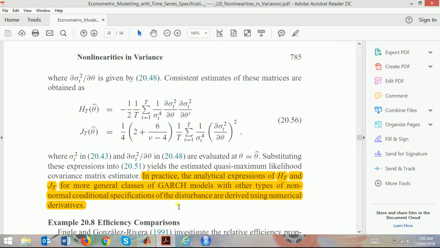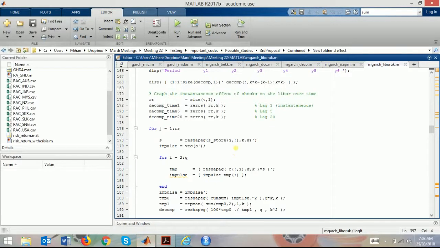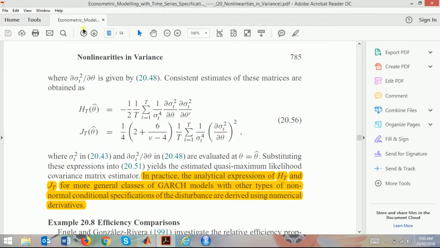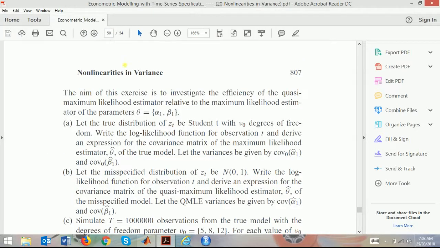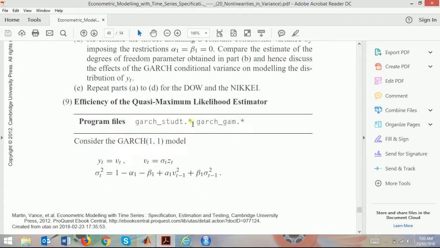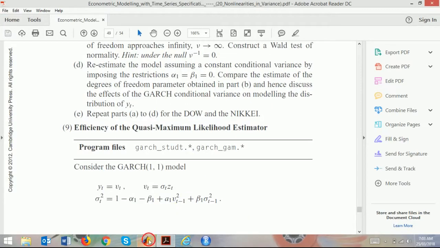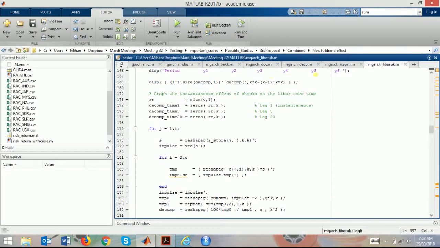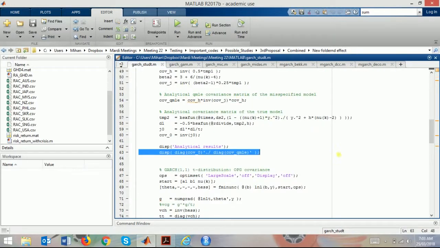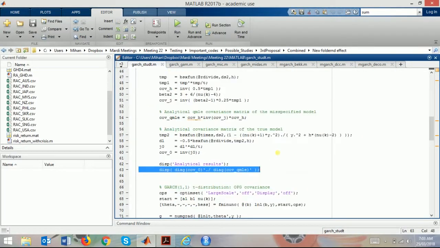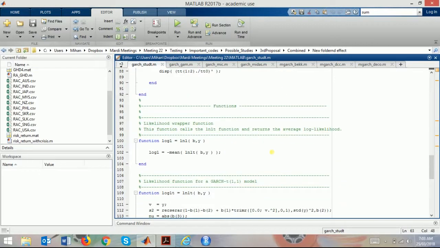Okay, so let's see how this is done. We are talking about two types of problems here. Our problems are GARCH student and GARCH gamma. So have a look at GARCH student. It's going to be a bit difficult in terms of programming, but we'll start with the functions.